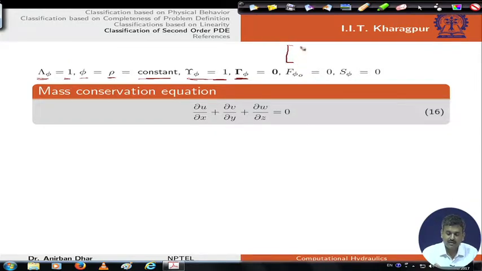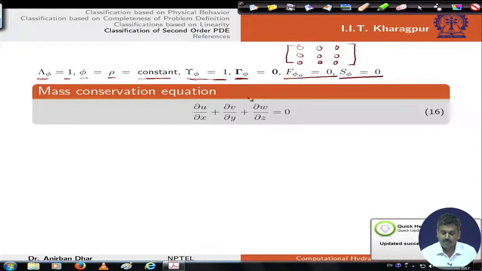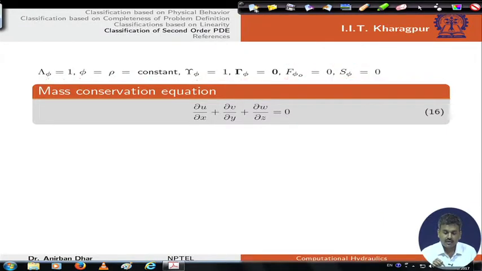That means all terms are 0 in this case. So, there is no diffusion term, only the advection related term in the left hand side. The other force is 0, S phi is 0. If we use these parameters, forces and sourcing terms, then we can get this mass conservation equation from our general equation.